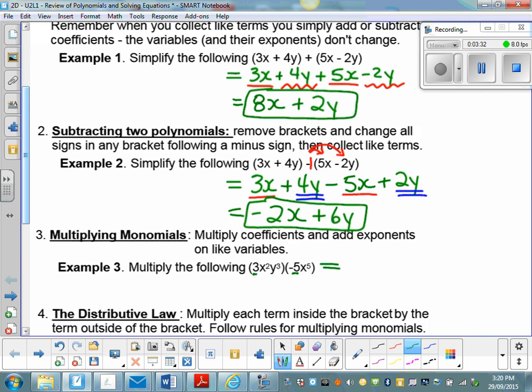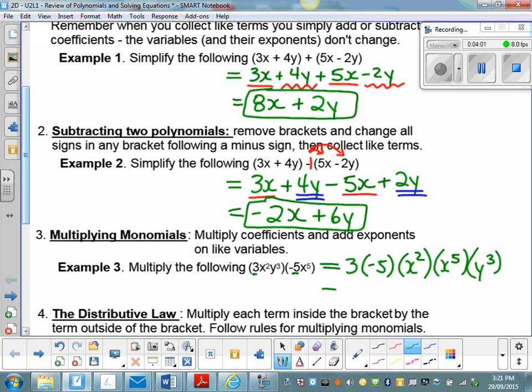The coefficients that are out in front are regular numbers. So the 3 and the minus 5, we'll end up multiplying those together because they are both coefficients there. And then the rest of the stuff that comes after that is we've got an x squared, we've got an x to the exponent 5, so they're like each other, but they're being multiplied, and then we've got y cubed.